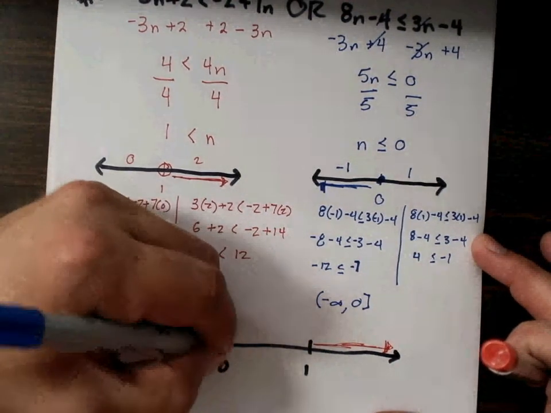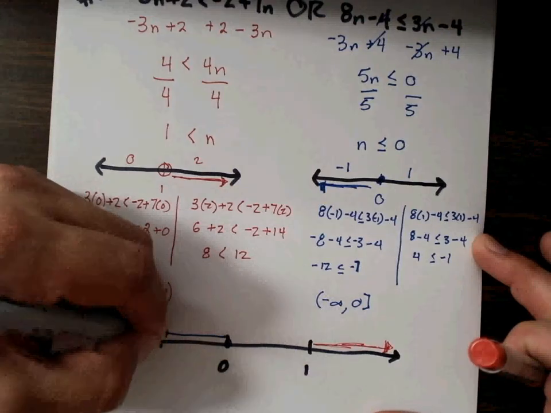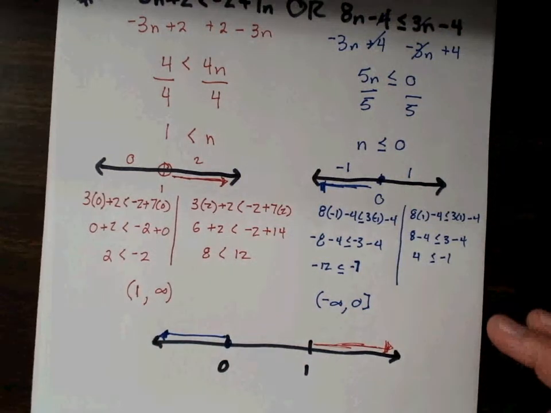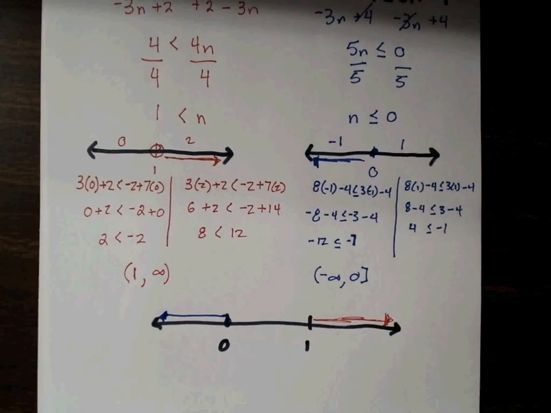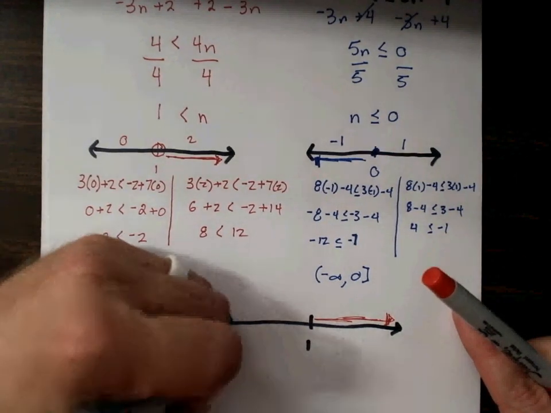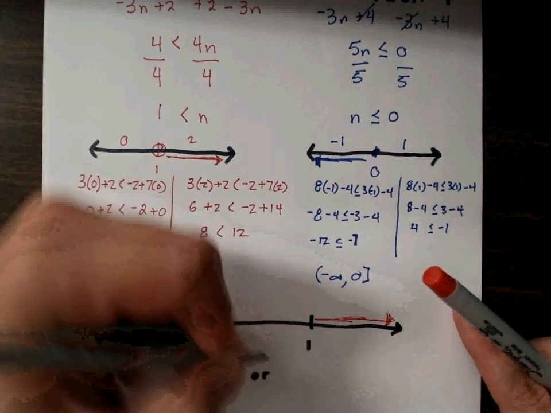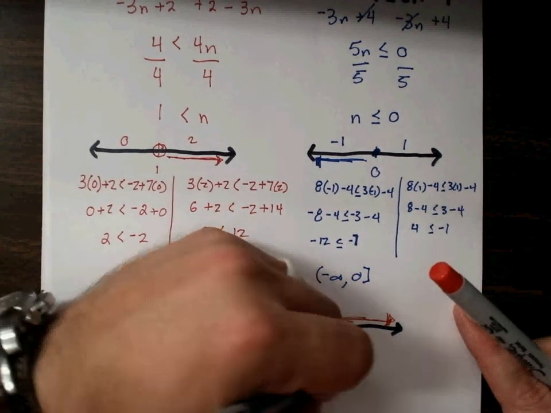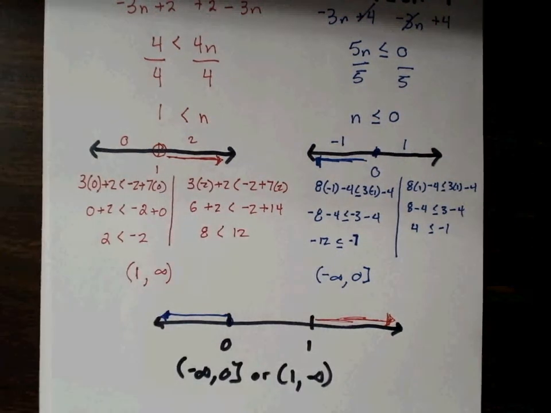My 0, just solid, ran that way. And you can see that my OR statement was -infinity to 0, which is included, or 1 to +infinity.